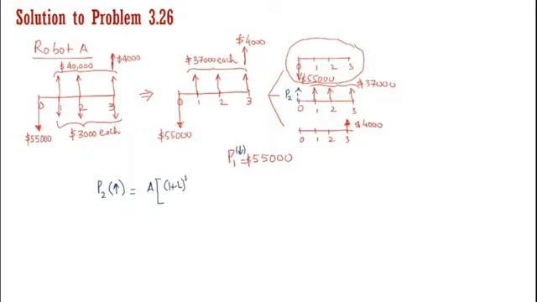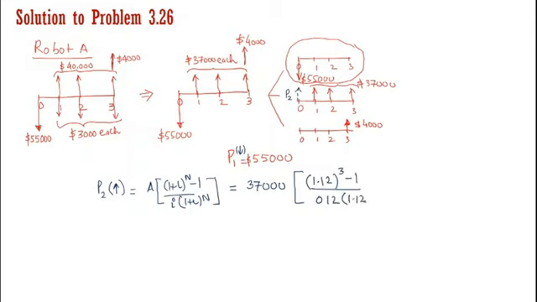1 plus i to the power n minus 1 upon i times 1 plus i to the power n. If I fill up the numerical values, A is 37,000. 1 plus i is given as 1.12, so it will be 1.12 to the power 3 minus 1 over 0.12 times 1.12 to the power 3.